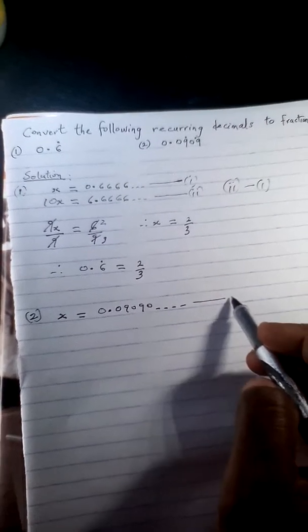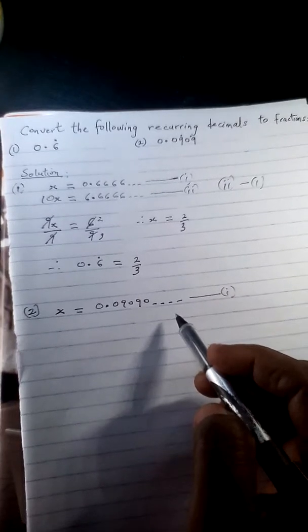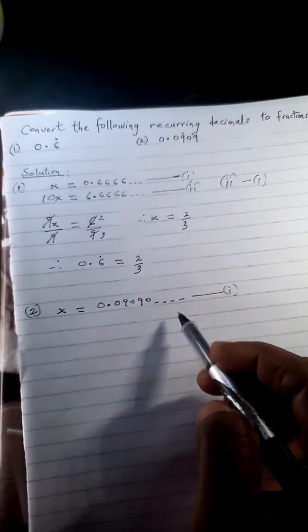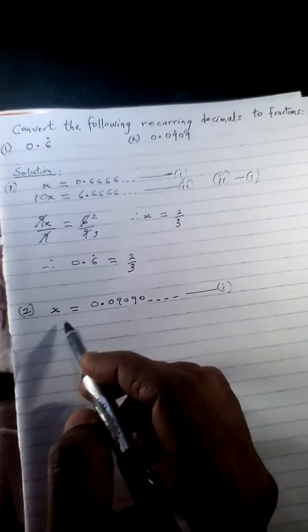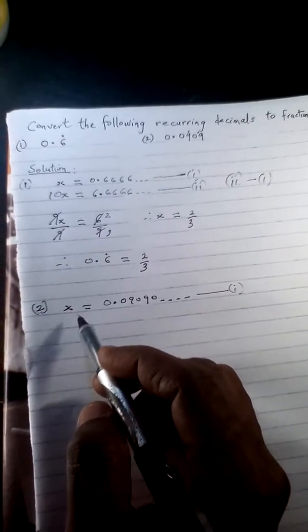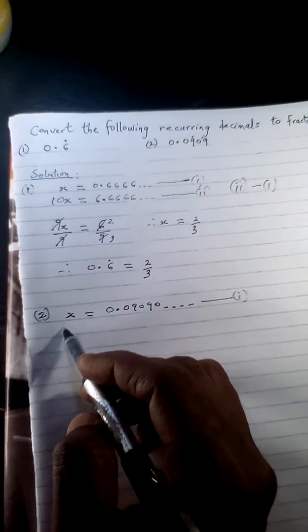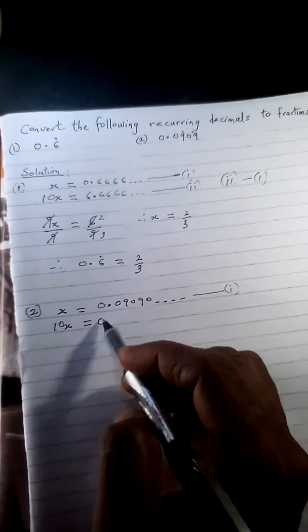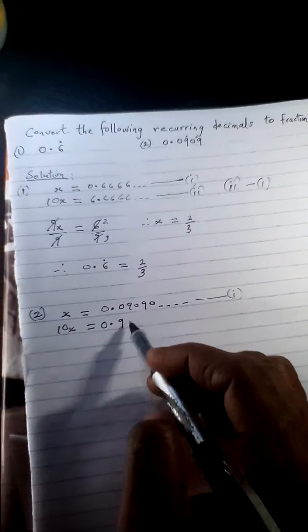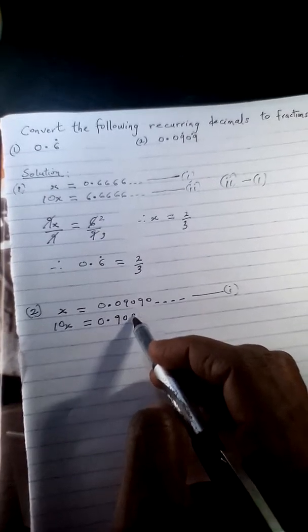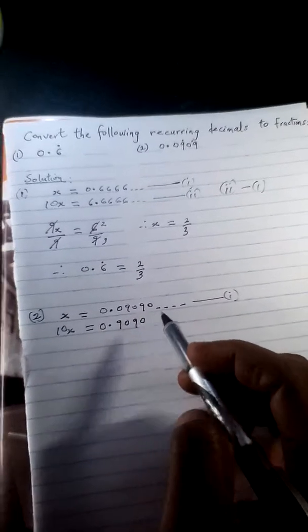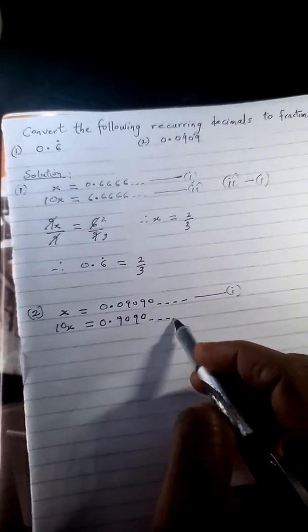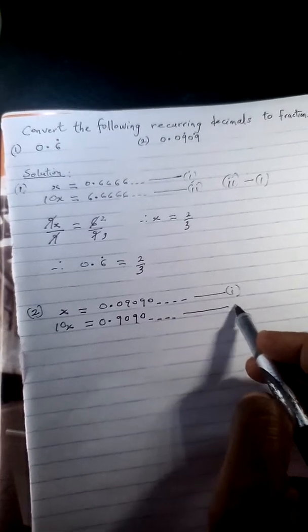So call this equation 1. Now we multiply both sides by 10. Doing that we're going to have 10x is equal to 0.9090, like that. So we call this equation 2.